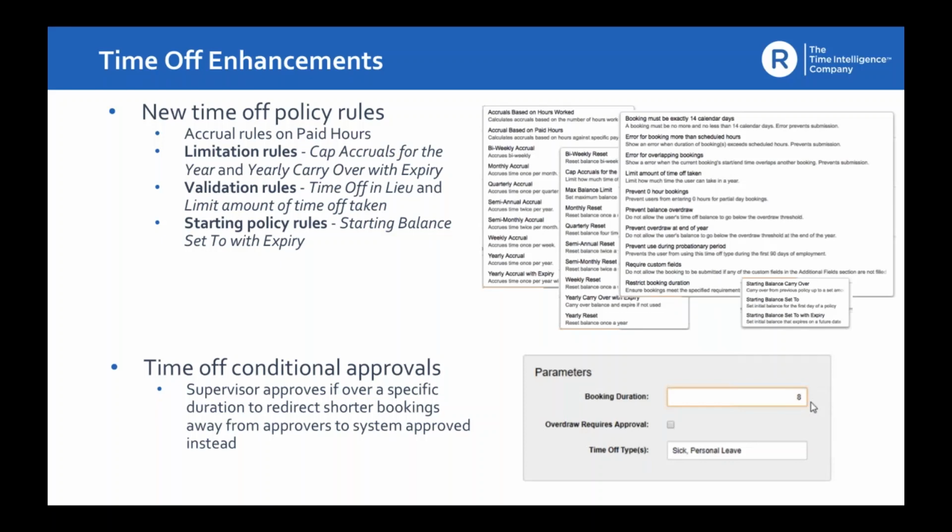That can definitely help automate this whole process, and you can get your supervisors and admins to focus on higher duration time off bookings instead. Again, we do have the ability to create a wide variety of approval rules that your organization may be looking for. We can definitely work it out if you do have any specific requirement to see if it can be scripted.